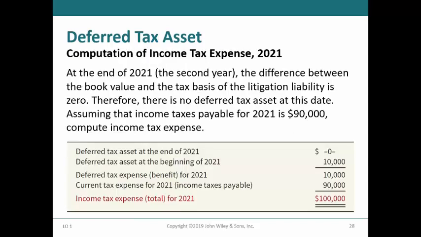In 2021, we will report income tax expense of $100,000 for financial reporting purposes. This is equal to the current income tax payable of $90,000 and the reversal of the deferred tax asset of $10,000 as measured by the change in the deferred tax asset at the beginning and end of 2021.